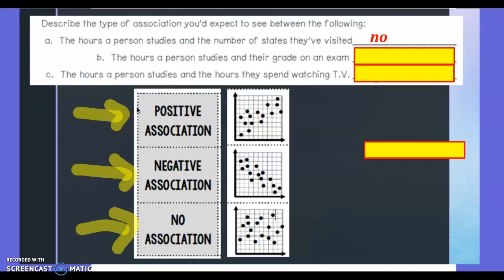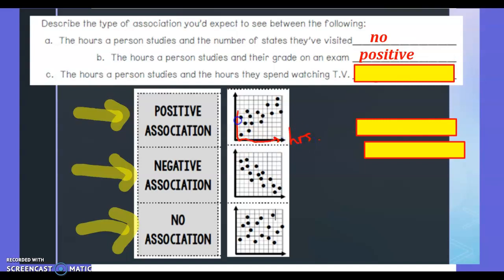Well, if you said positive, then you are right. As the number of hours that a person is spending studying goes up, their grade on the exam is going to go up. It's going to increase. So that is a positive association. The last example says the hours a person studies compared to how much time they spend watching TV.